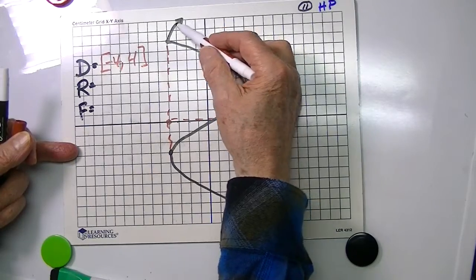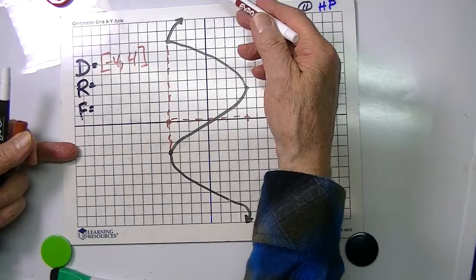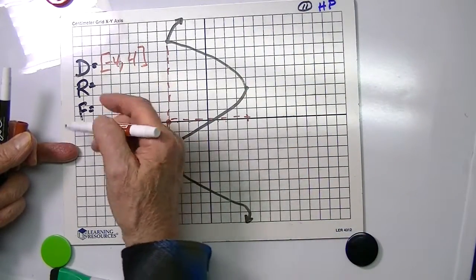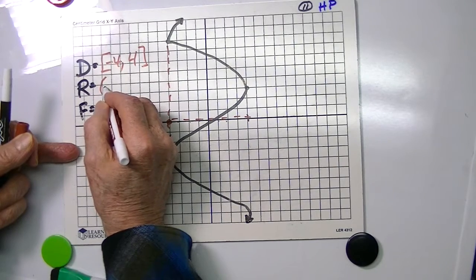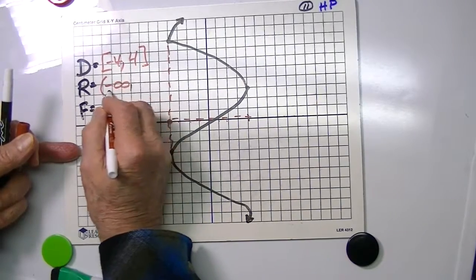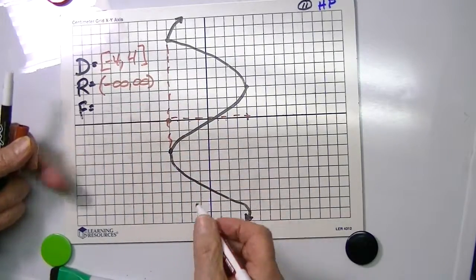Now, because of these arrows indicating it's going up to positive infinity and down to negative infinity, our range is from, and we always use a parenthesis for infinity, negative infinity first, and then positive infinity.